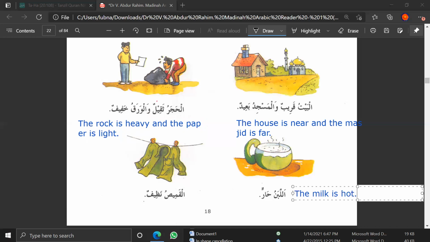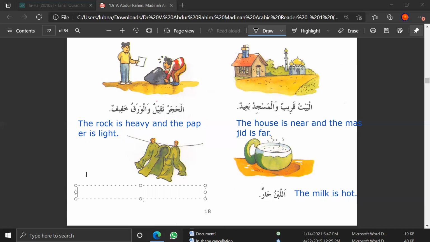Okay. Al-qamisu nazifun. The shirt is clean. When we wash clothes and put them on the rope, the shirt is clean. Al-qamisu nazifun. The shirt is clean.